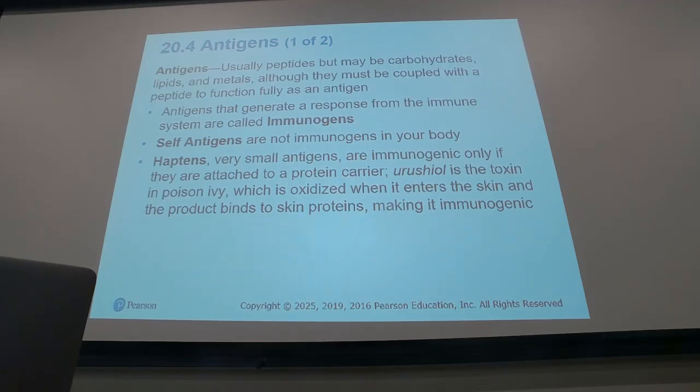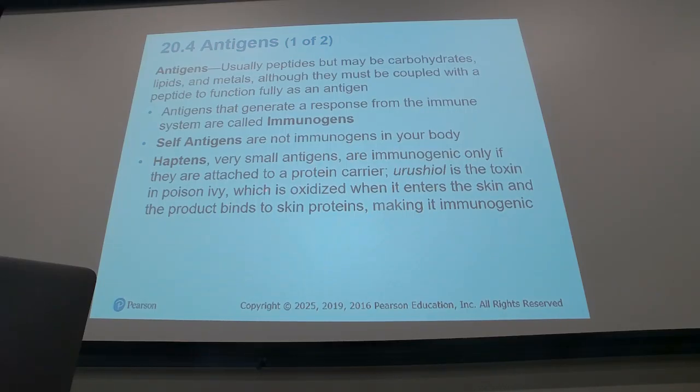And then haptens are very small antigens, but they are not immunogenic unless they're attached to a protein carrier. An example is urushiol, which is a toxin of poison ivy.